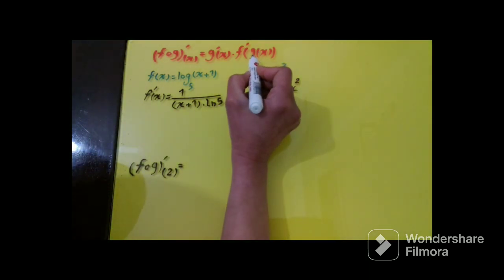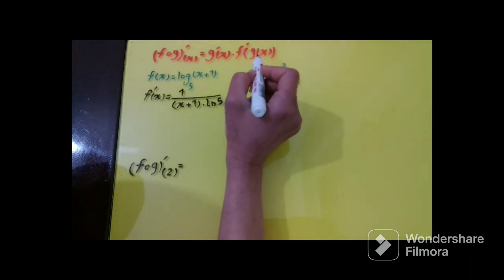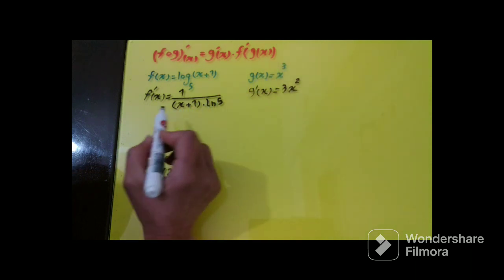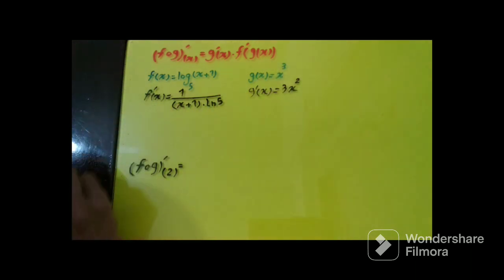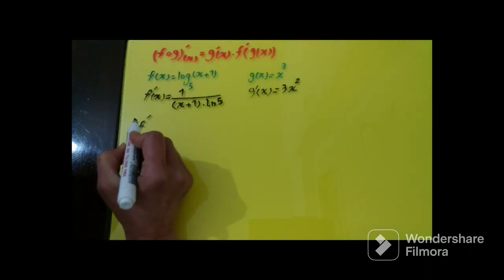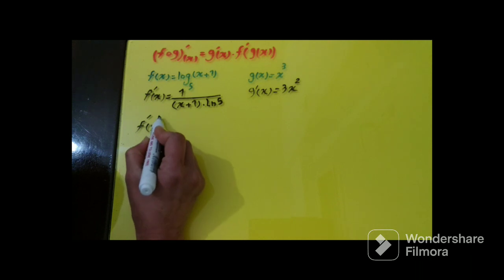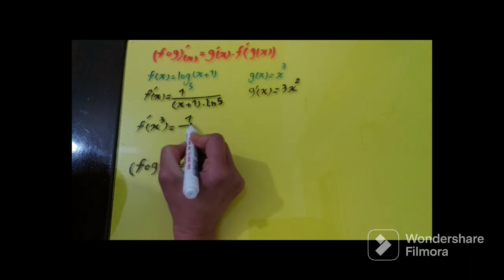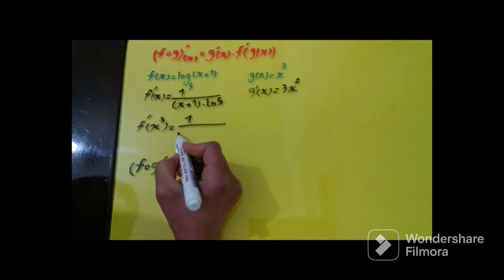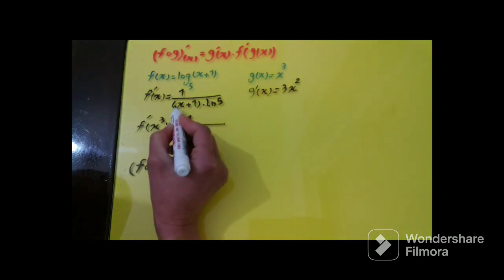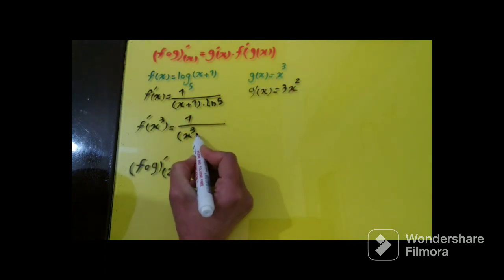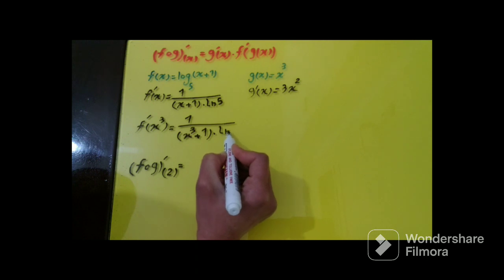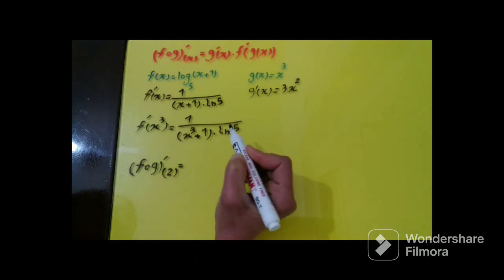Now, you should replace g instead of x in f prime. So we should replace x cubed instead of x in f prime. It's f prime of x cubed, 1 over x cubed plus 1 times ln of 5.